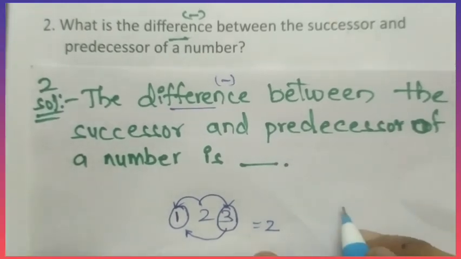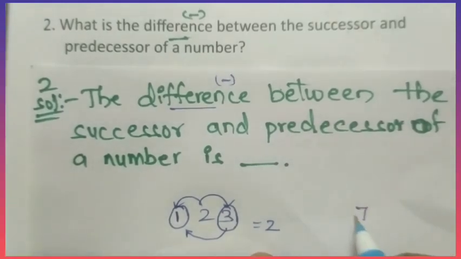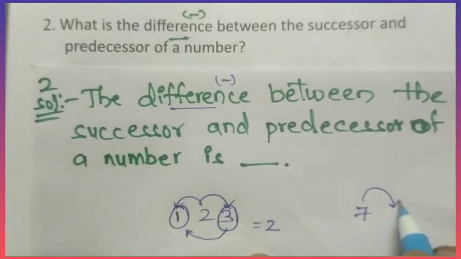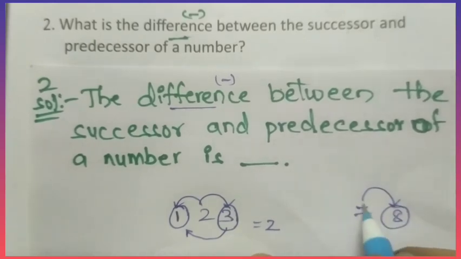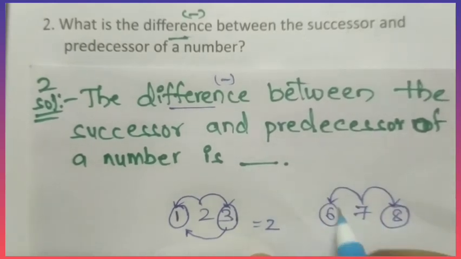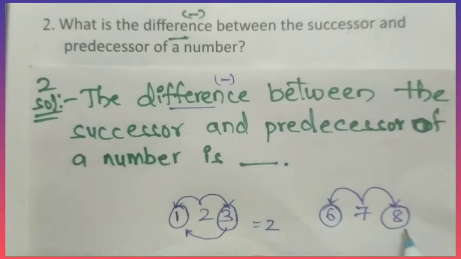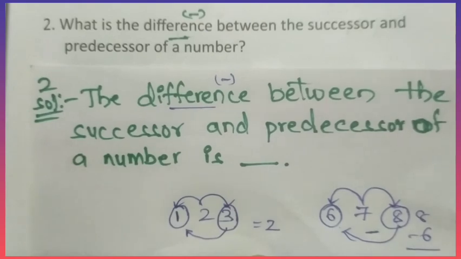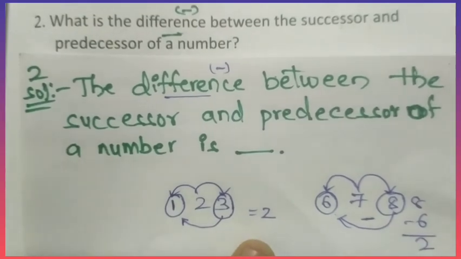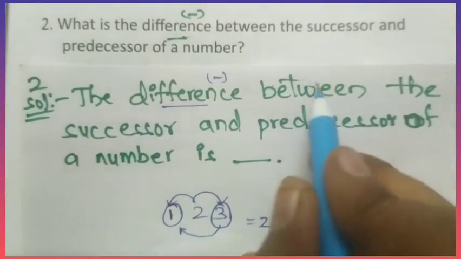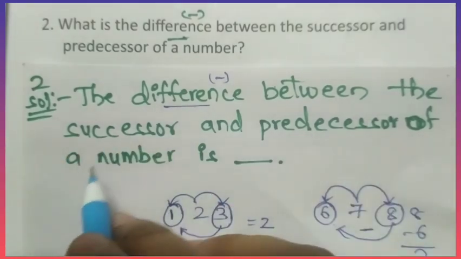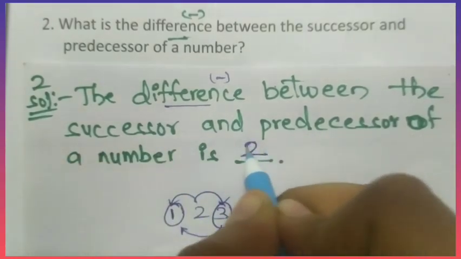Let's see one more example. For example, I am taking 7. What is the successor of 7? 8. And predecessor? 6. 8 minus 6, how much? Again 2. The difference between the successor and predecessor of a number is 2. So 2 is the answer.